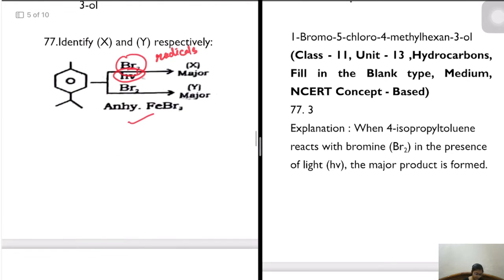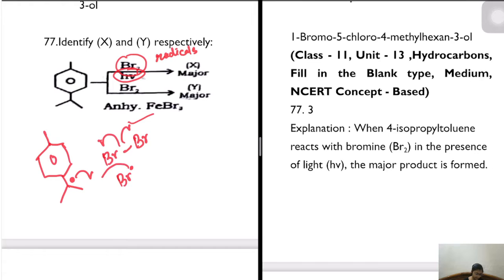And which is the most stable radical? 3-degree radical, right? This radical will be the most stable. So in presence of hν, this will happen and we'll have this. So these will form the bonds and we'll have this.